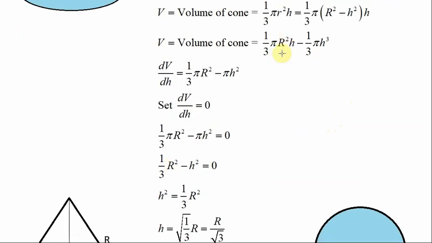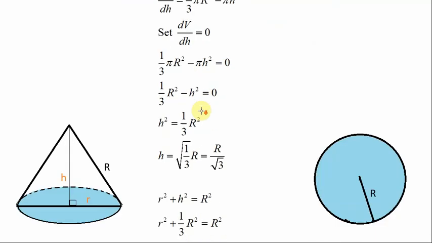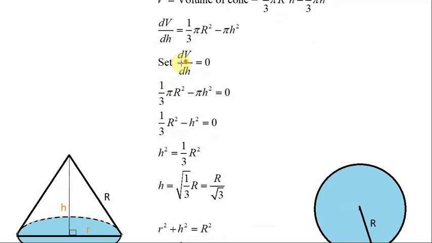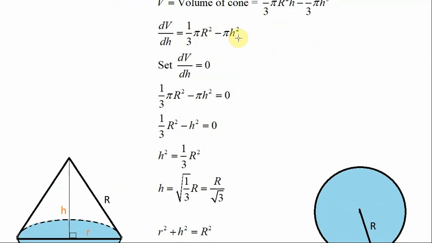The derivative of the first term is 1/3 pi R squared, and for the second term we get 1/3 pi times 3h squared, which is pi h squared. Set the derivative equal to 0. So we get 1/3 pi R squared minus pi h squared equals 0.